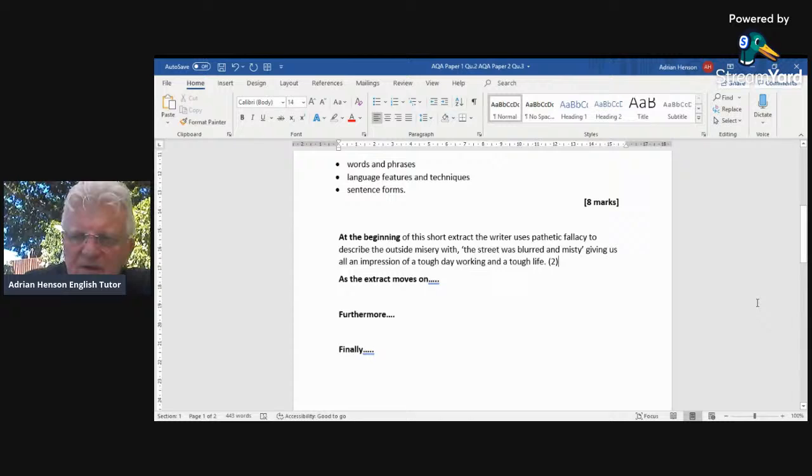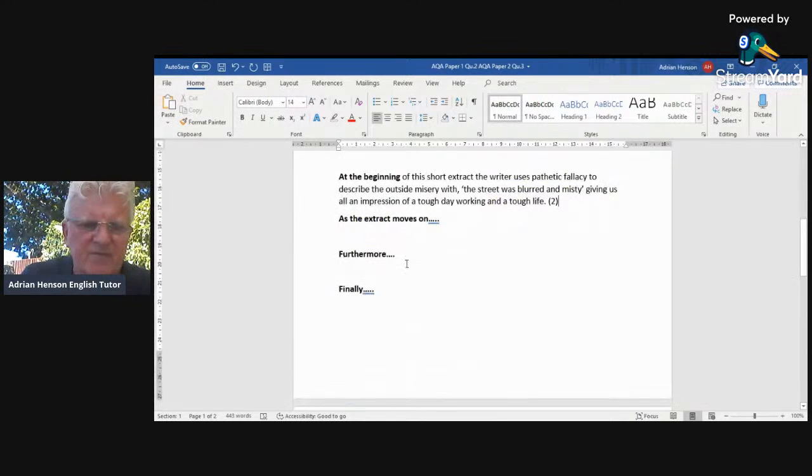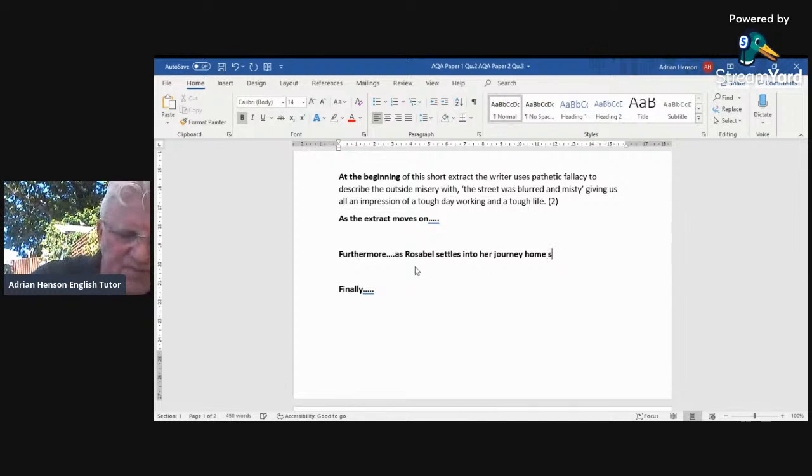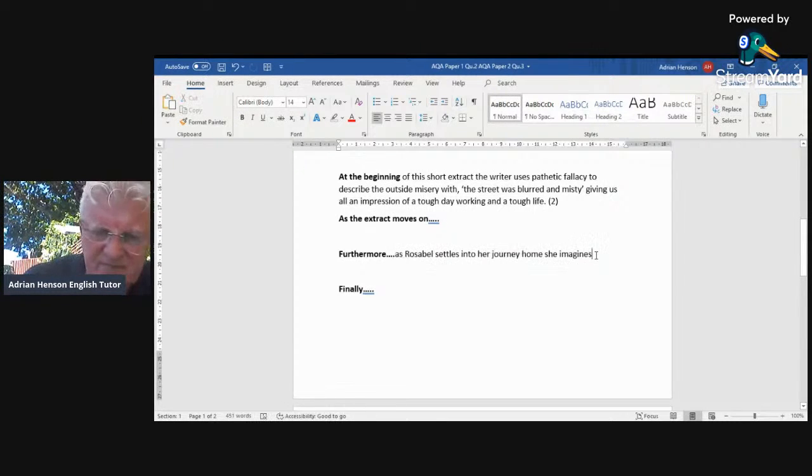So let's just look at one more. When we look at the phrase fairy palaces, so under furthermore, as Rosabelle settles into her journey home, she imagines again fairy palaces.